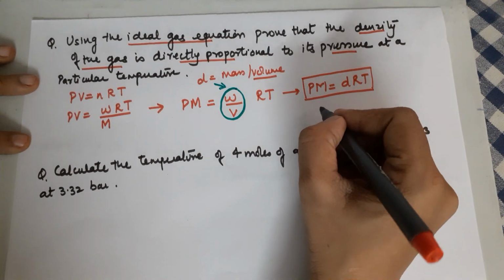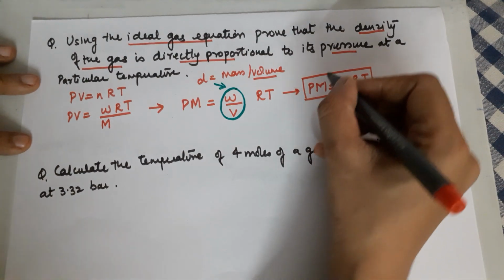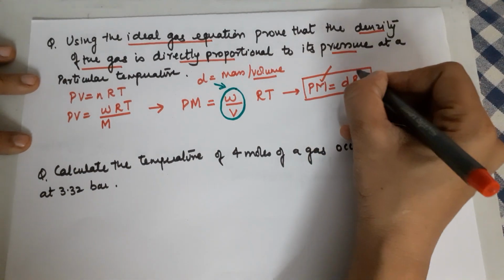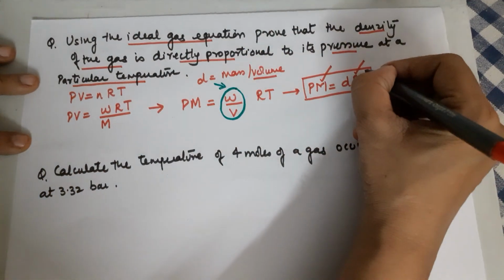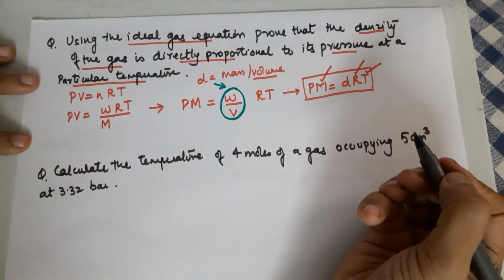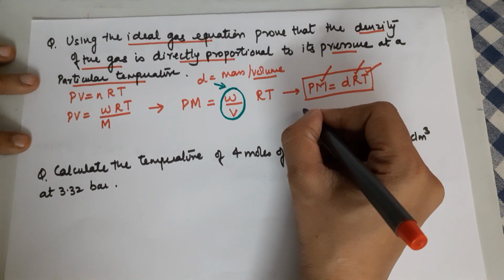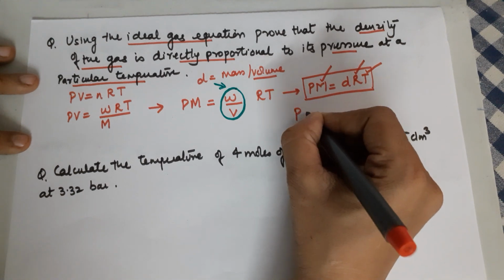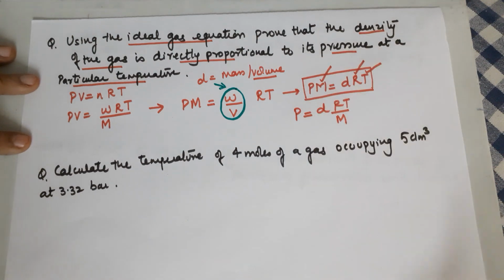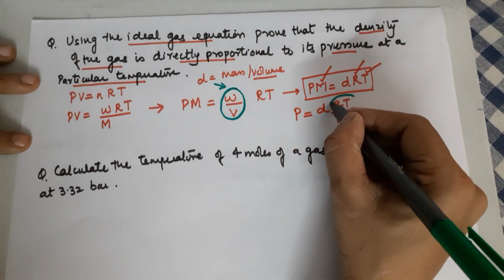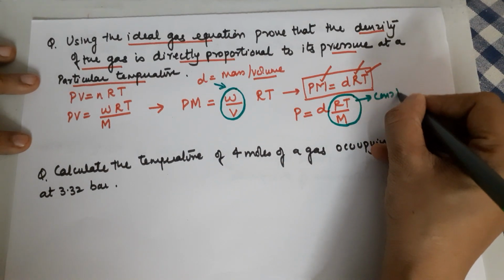Moving further, from this relationship we very well know that the molecular mass, the universal gas constant, and the temperature, these three things are constant. So I would be taking these three towards the right. What am I left with? I am left with P = dRT/M, where, as we just said, these three values are constant.